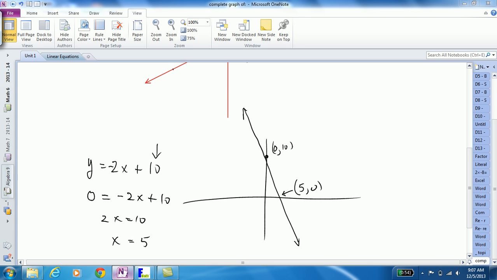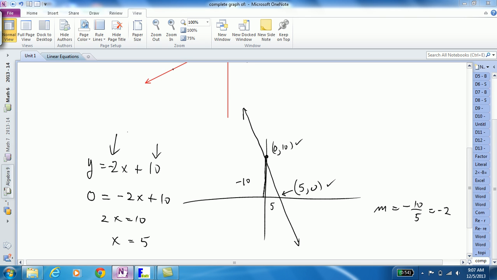Minus 2 times 5 is negative 10, plus 10 is 0. Yes, it works. When I plug in 0, I get 10. If 2 points on a line work, then you have an accurate graph. I went down 10 and over 5, so the slope is negative 10 over 5, which is negative 2, and that matches the slope we have.